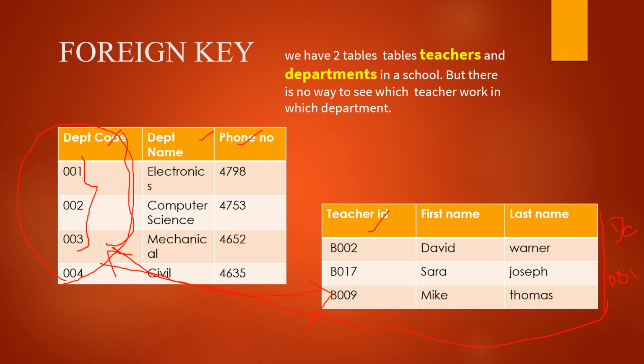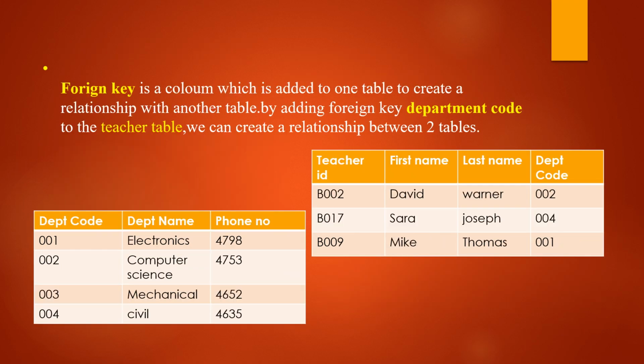Here the two tables are shown. In the previous example, we showed these two tables: the department table and the teacher table. Here we are adding the last column, the department code, to the teacher table. That is known as the foreign key. This is the foreign key of the teacher table.